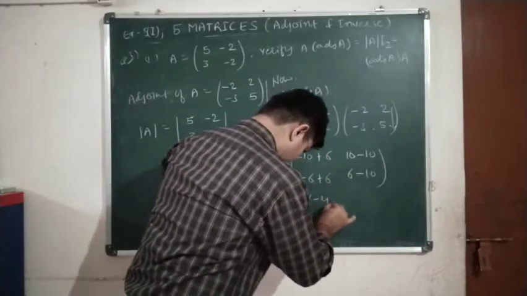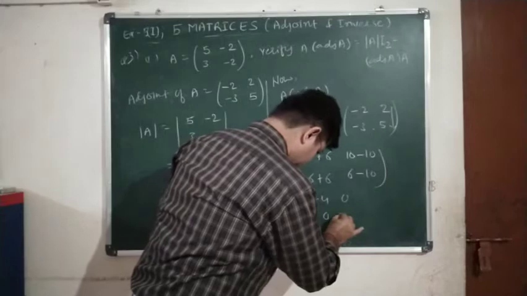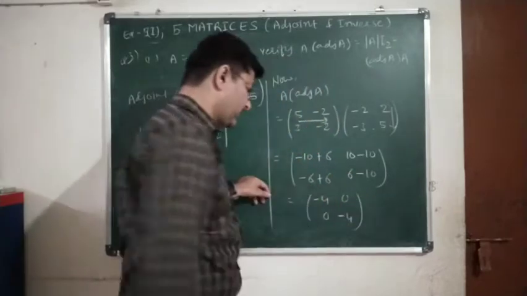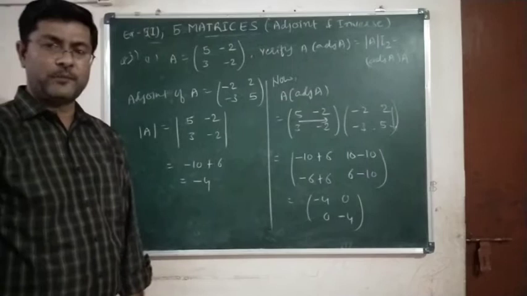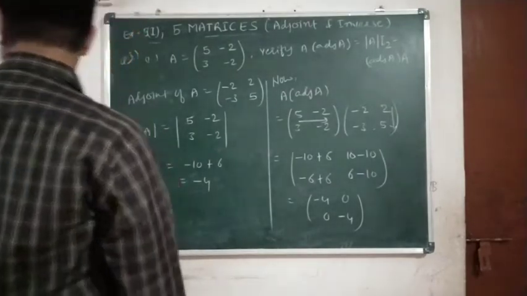So we got the answer to be minus 4 0 0 minus 4. Now we can take 4 common.